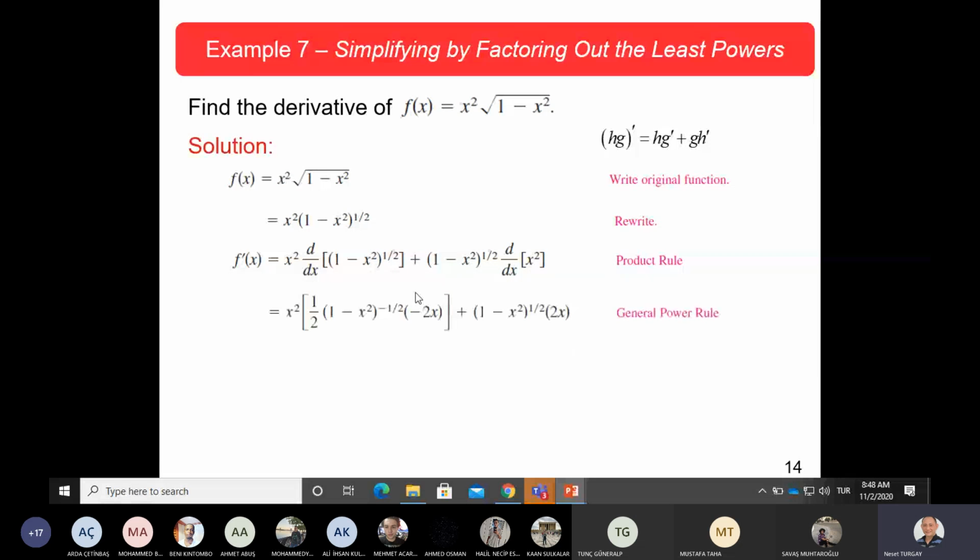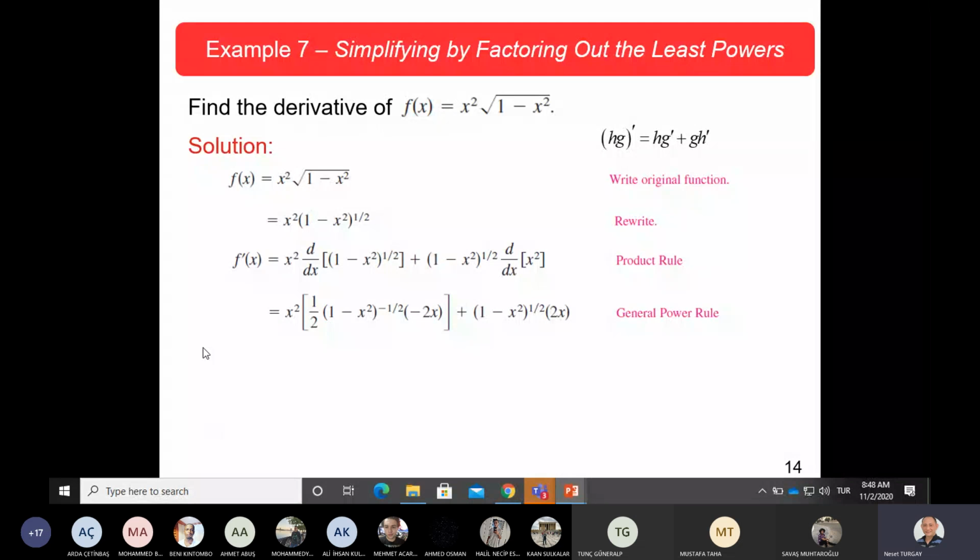Now the derivative of x squared is 2x. At that moment we need the chain rule, because we can only calculate the derivative of this guy with chain rule. Now this is again the power rule, isn't it? You are taking the power 1 over 2 of 1 minus x squared.